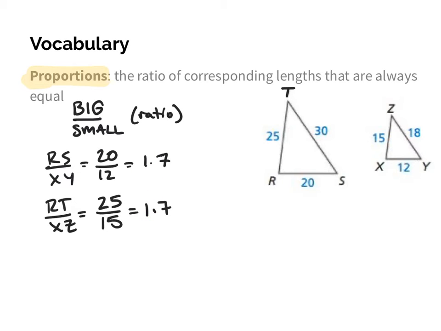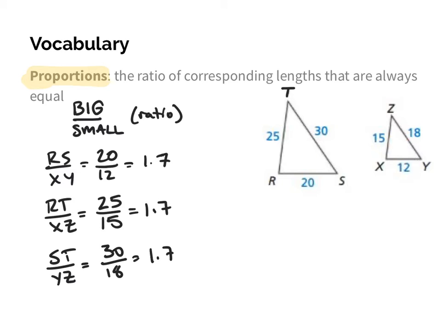I could do the same thing for my last side. Let's say I look at ST and compare that to YZ. ST I know is 30, and if I compare that to 18, by dividing those out, I'm going to get 1.7. This is what a proportion relates. A proportion occurs when two ratios are identical.